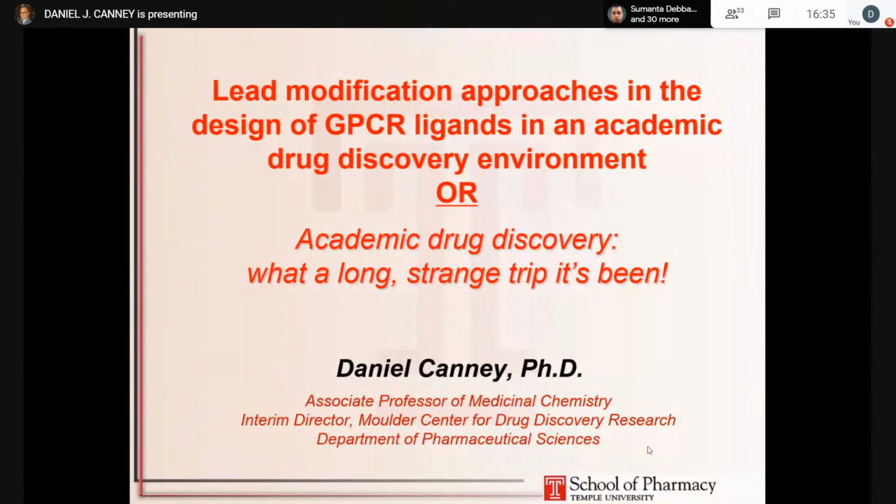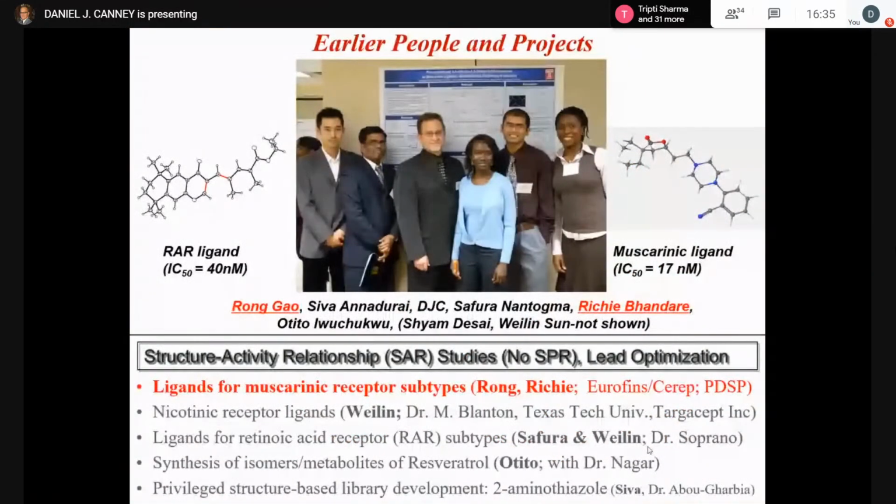I want to talk about how the introduction of the Moulder Center for Drug Discovery Research has changed the way I do things in my lab. This is a picture of some of the people that have been in my lab over the years, primarily PhD candidates. Dr. Bandari is shown here, was a student in my lab some years back, and some other folks that I won't get into.